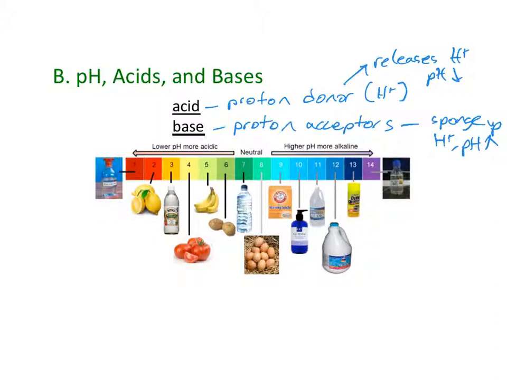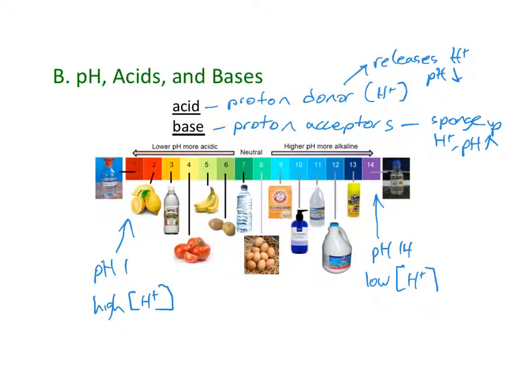So the typical pH scale, which is down here, is acidic, very high concentrations of protons, pH 1. So high proton concentration. Whereas you can go to the other extreme, a very basic or alkaline solution, where the pH is 14, and you have almost no protons present in that solution.